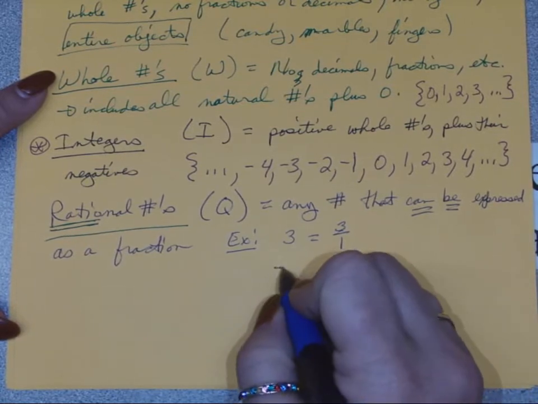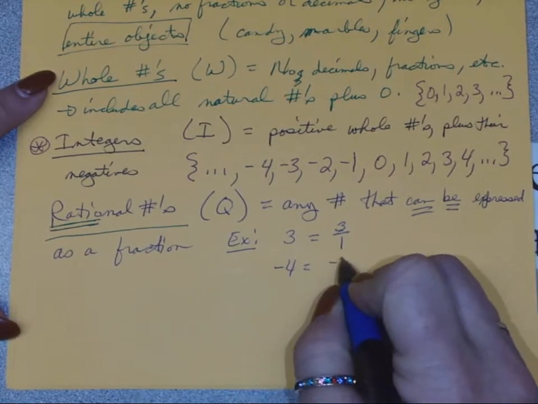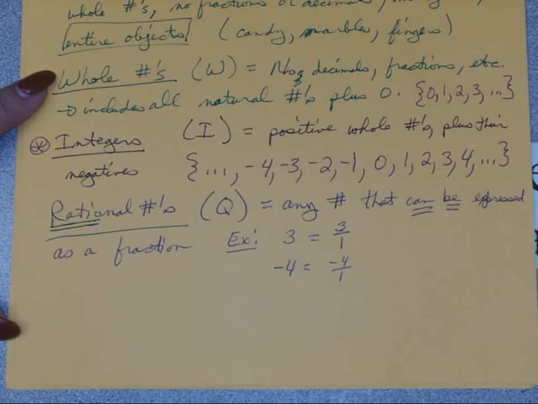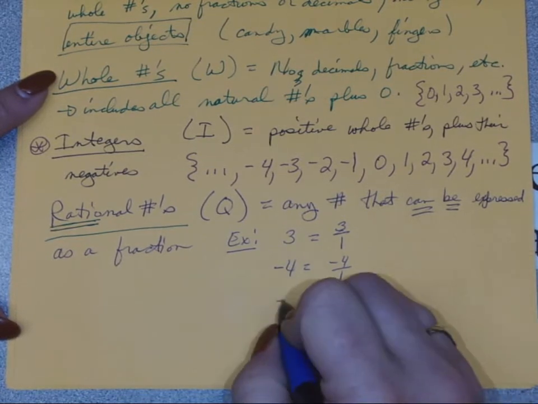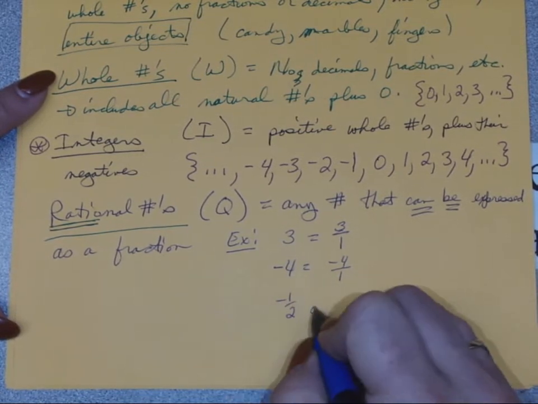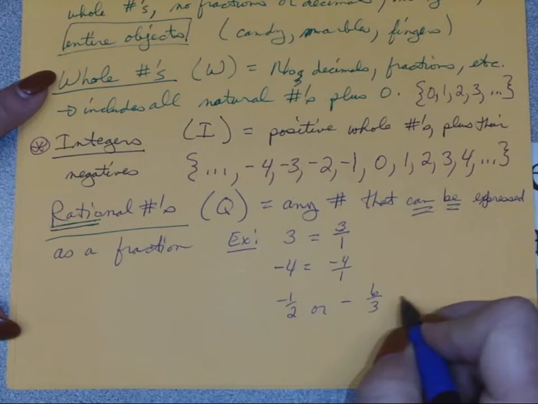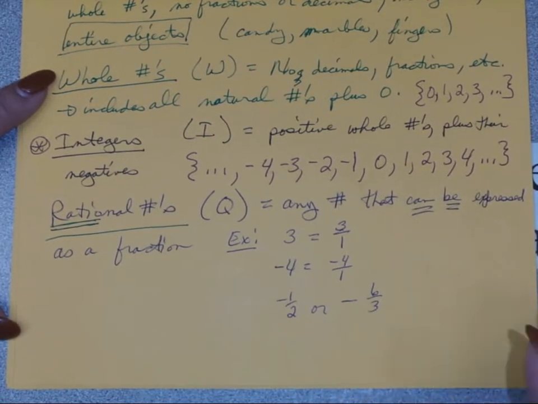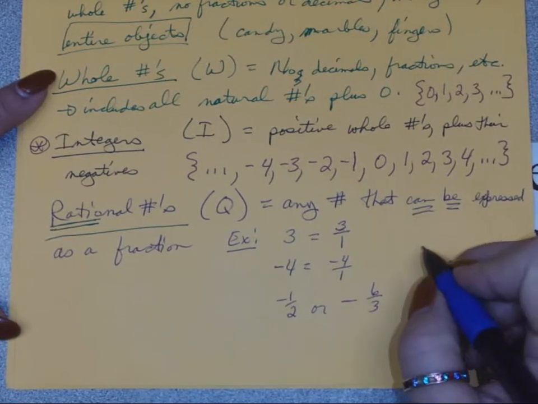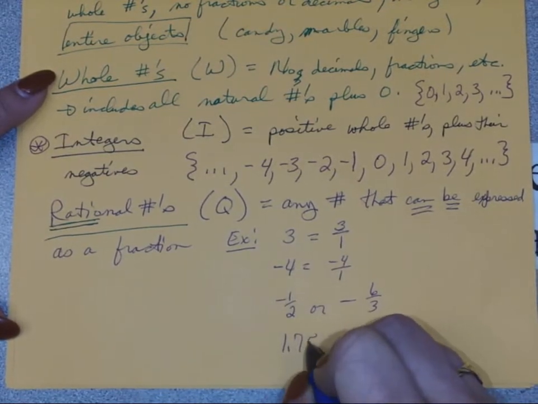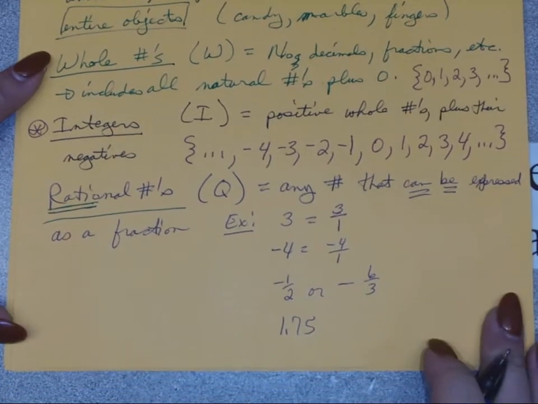Well, what about negative 4? Same thing, negative 4 over 1. What about negative 1/2, or negative 6/3? That's the same thing. Those are definitely ratios or fractions. No worries there. What about the number 1.75? That's a decimal, you may say.